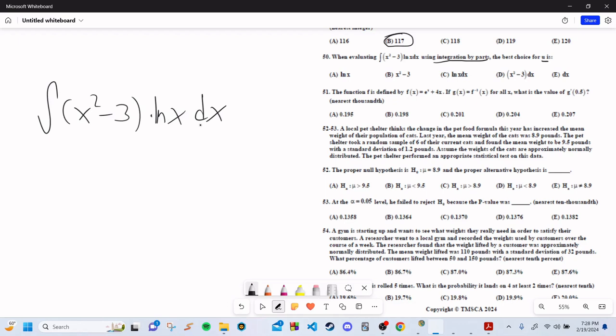Okay, so the best choice for u in this case is going to be ln of x. Also, another thing to know is that the u doesn't include dx.